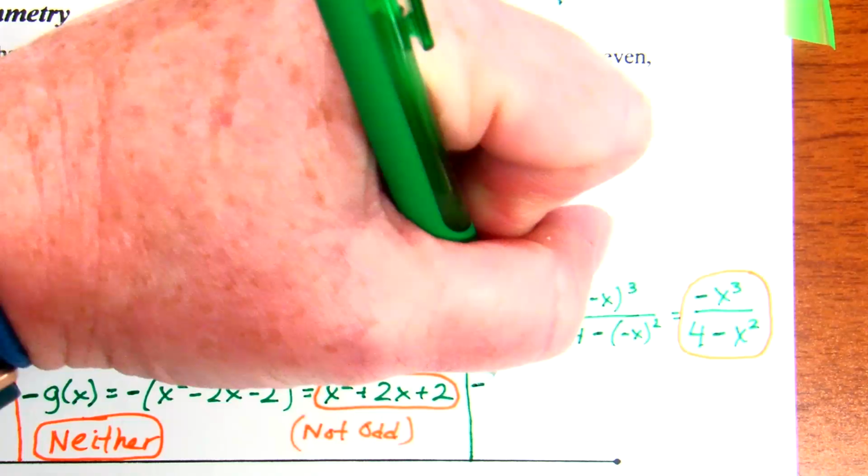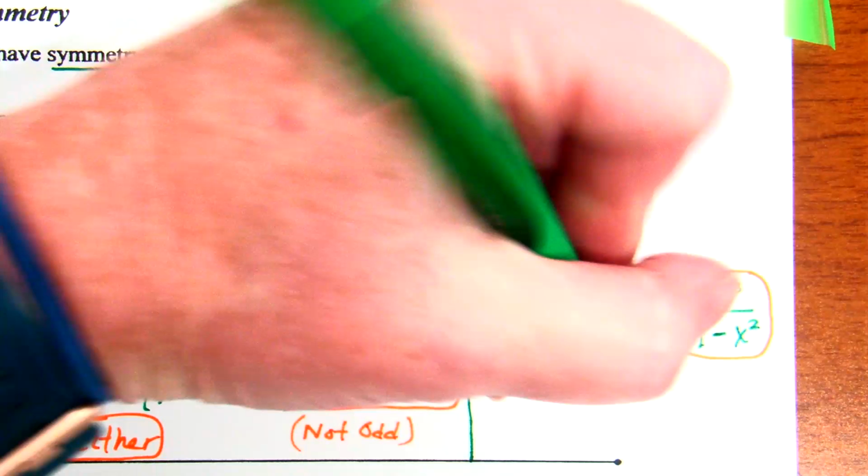Okay, so what do I have to find now? Now we're finding negative h of x. And when we find negative h of x, that means you're taking the whole function and multiplying by a negative. Now, the difference here is my whole function is a fraction. And so there's a couple different ways we can think about this. When you multiply the whole fraction by a negative, I'm going to put the negative out front. The negative of x cubed over 4 minus x squared.